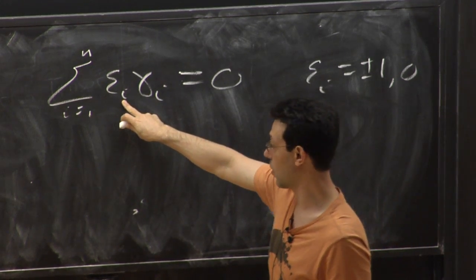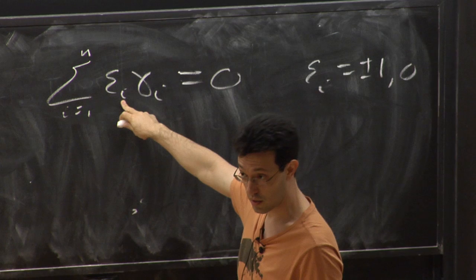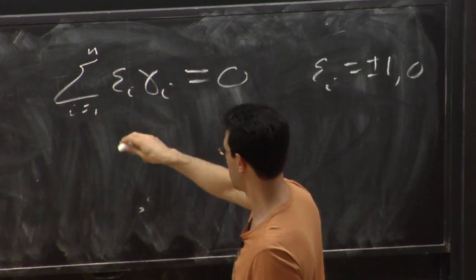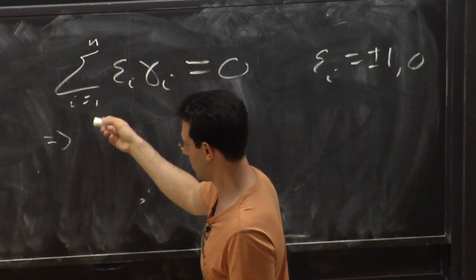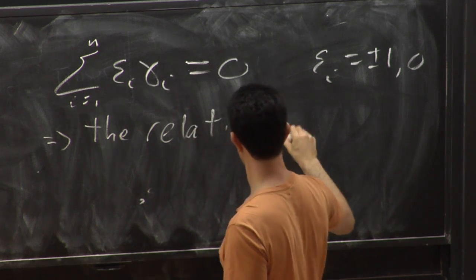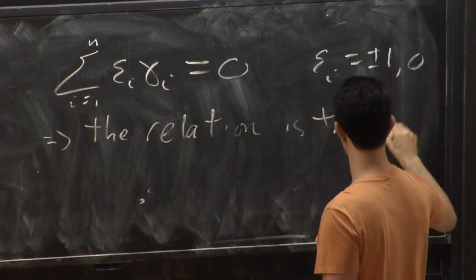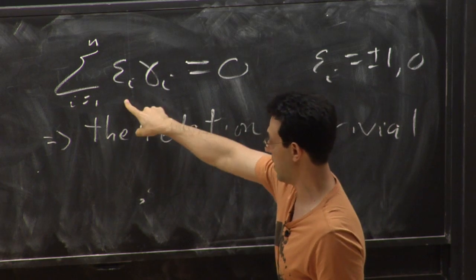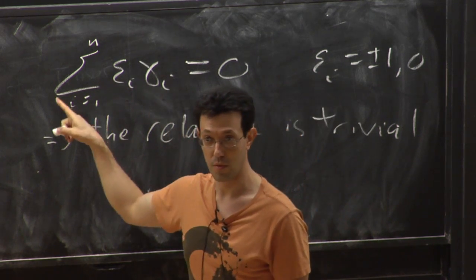So this is what's called a quasi-independent set or a dissociated set. So the only solution of this implies the relation is trivial, which means they appear here in pairs and they cancel out each other. There was nothing interesting happening.